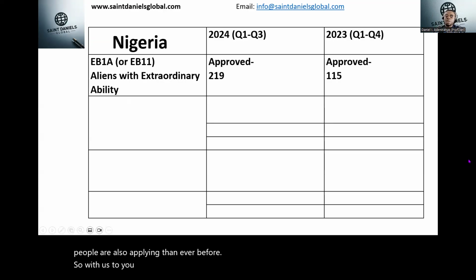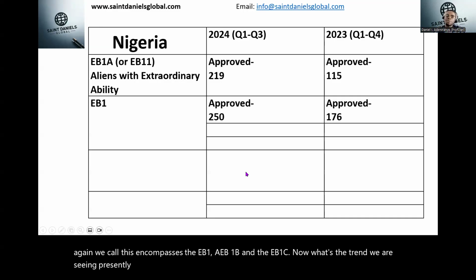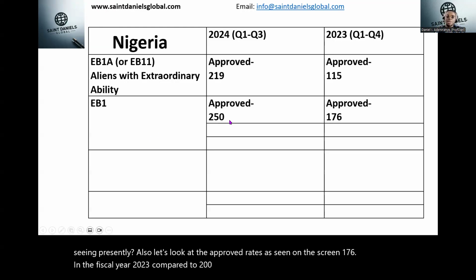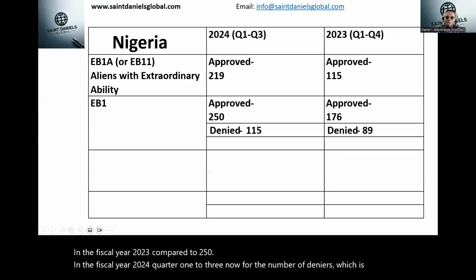More broadly, when we look at the Nigerian data for the EB1, which encompasses the EB1A, EB1B, and EB1C, what's the trend we are seeing presently? Let's look at the approval numbers as seen on the screen: 176 in fiscal year 2023 compared to 250 in fiscal year 2024, quarter 1 to 3. Now, the number of denials is something to worry about also, of course.